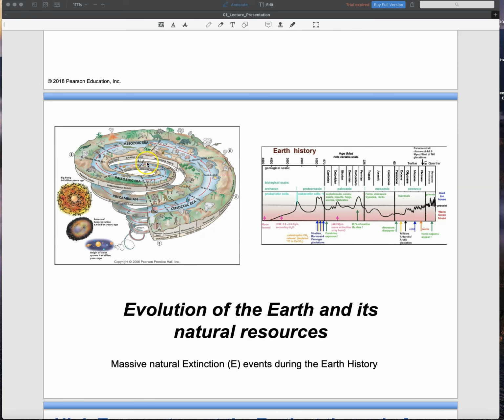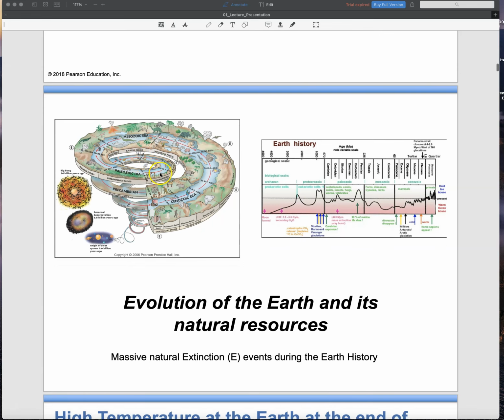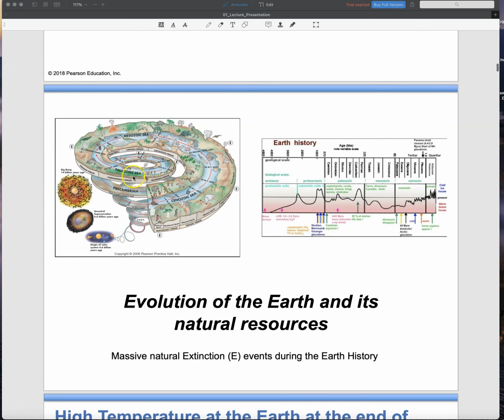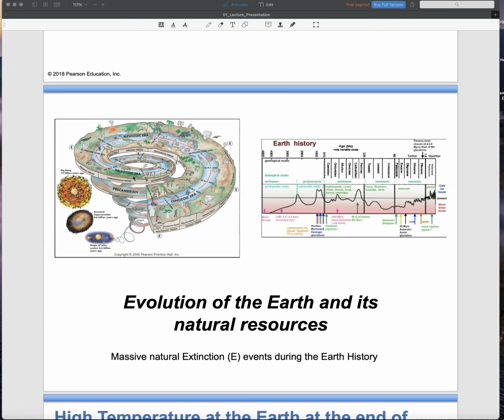If we come in here, then we are getting into the Paleozoic era, and around here, very close to the Permian, 250 million years ago, the planet was able to see one of the major extinctions in the Earth.